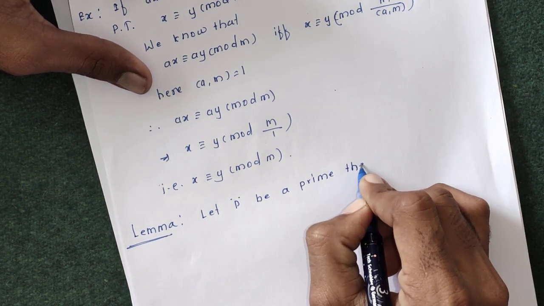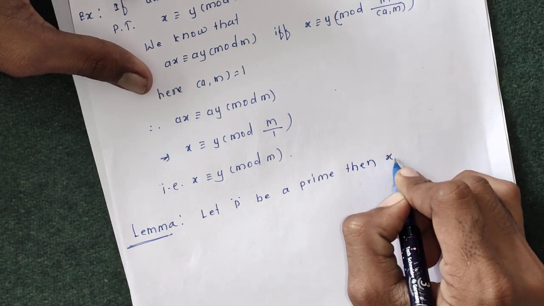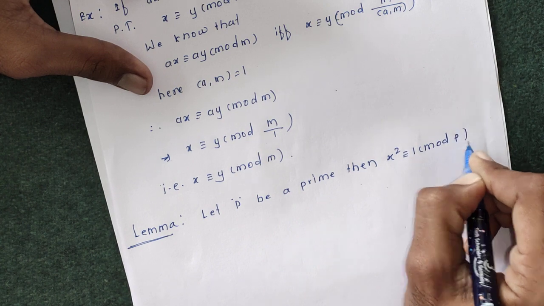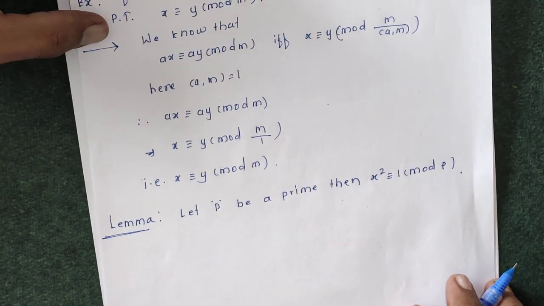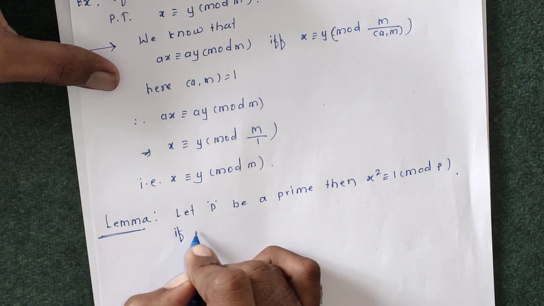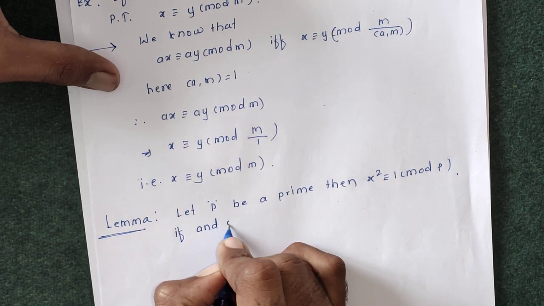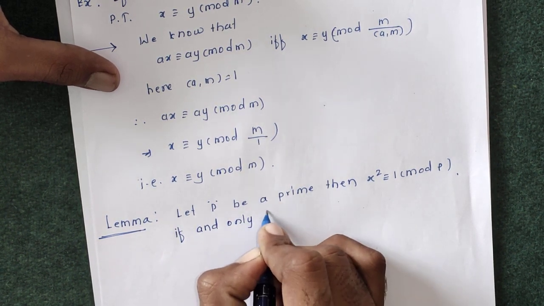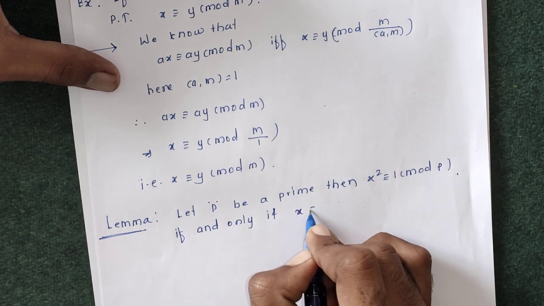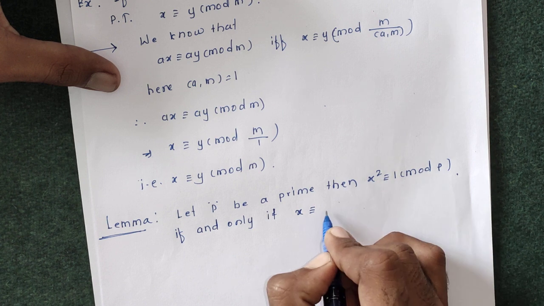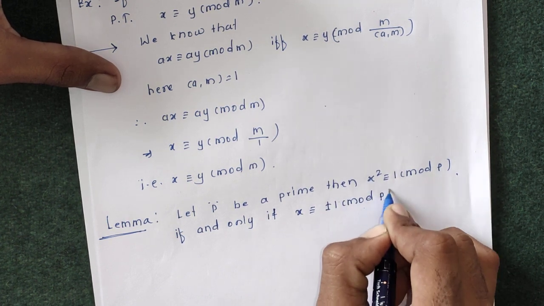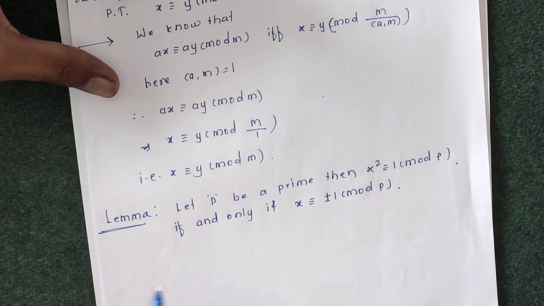Then x square is congruent to 1 mod p if and only if x is congruent to plus or minus 1 modulo p.